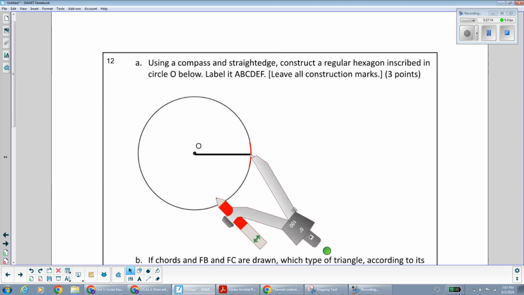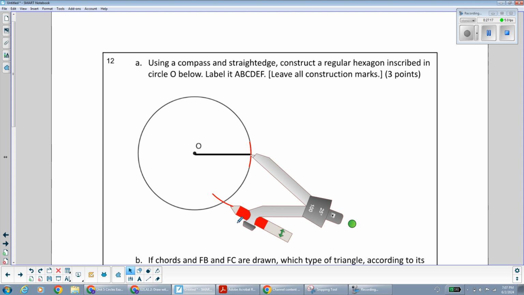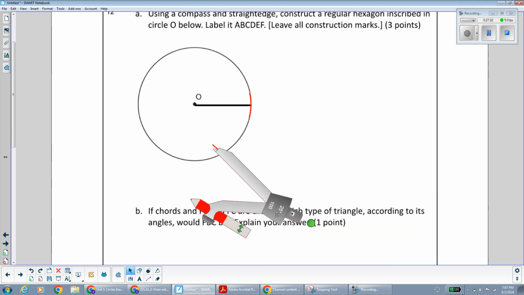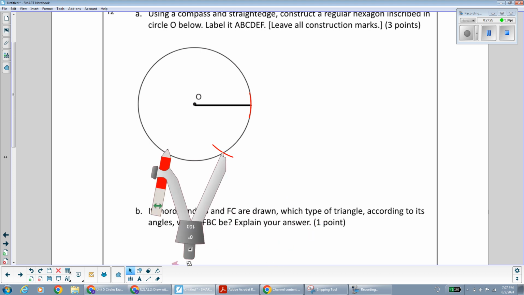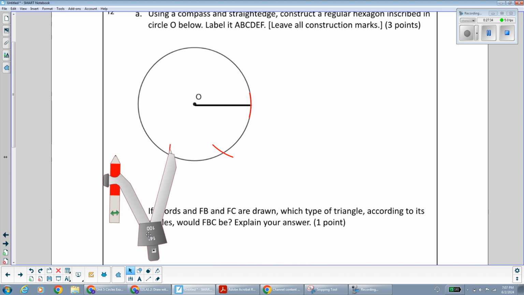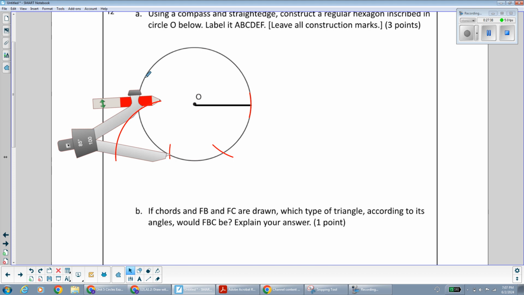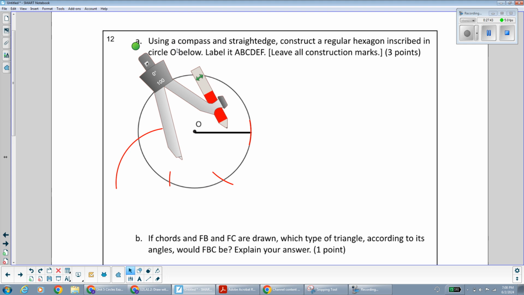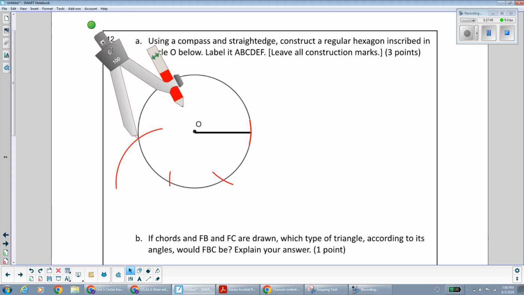Using the length of the radius that we just measured, I'm going to make an arc that intersects the circle. Then I'm going to move my compass over to that intersection point as accurately as I can. Oops, as we can see, that was not accurate. Let me put it on that point. Then using the same length of the radius, I'm going to make another arc, and I'm going to keep doing this. Once again, this is all without changing the length of the compass, which is the distance of the radius.